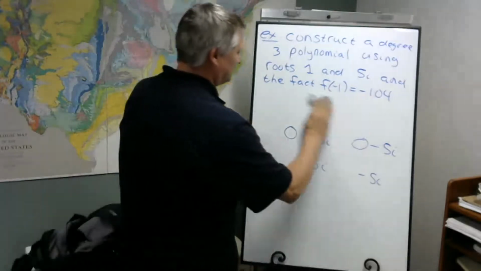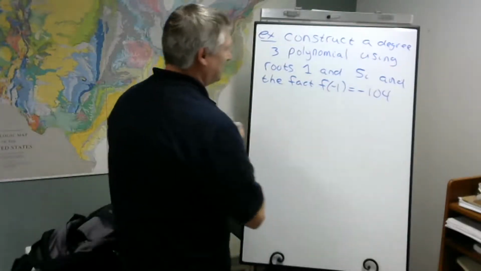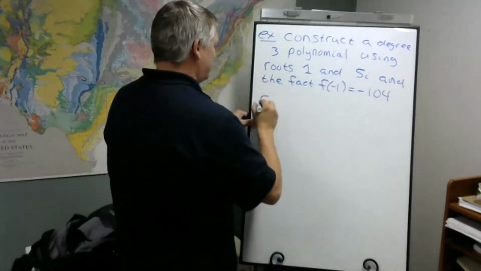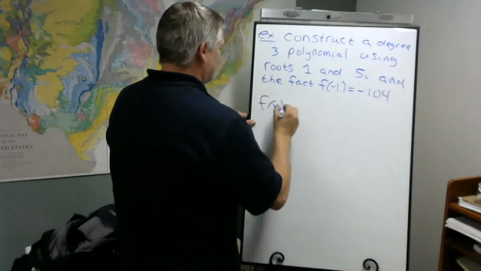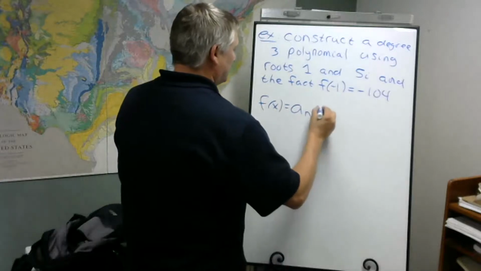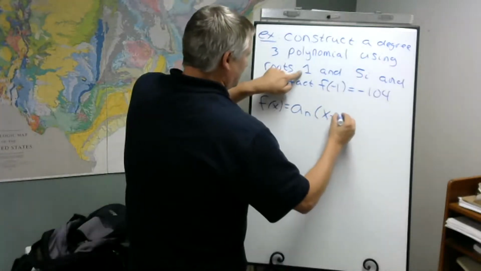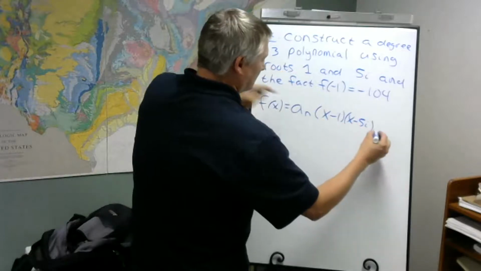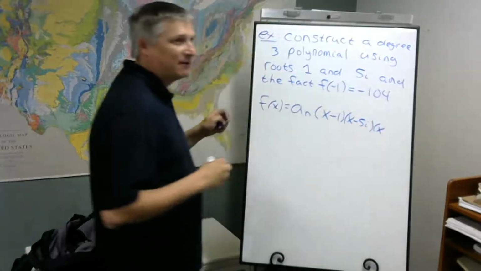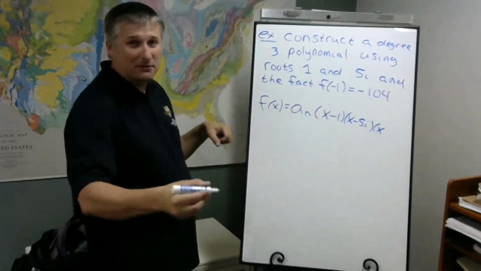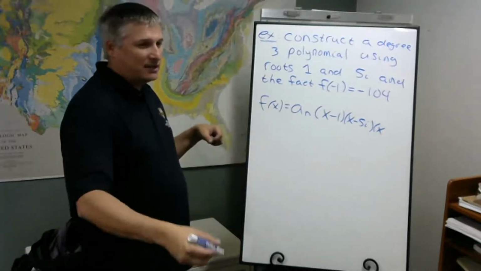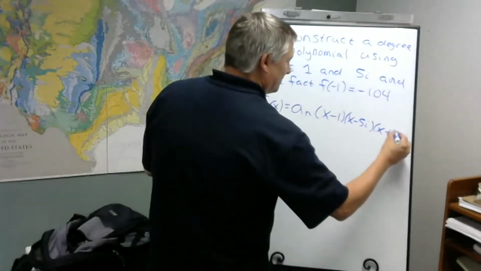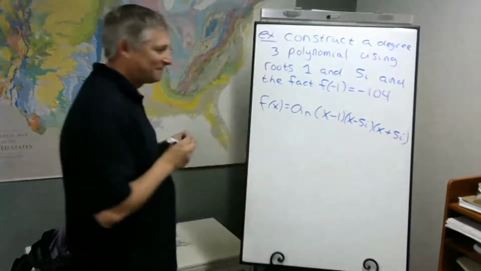So whatever f(x) is, it's going to be a sub n, x minus a root, x minus a root, and then negative 5i, x minus negative 5i, minus a negative, that's a double negative, that's positive, plus 5i.